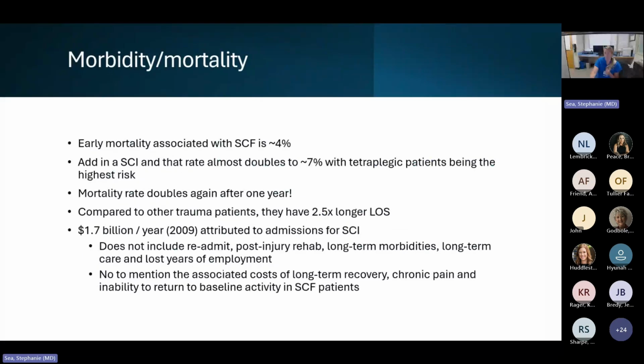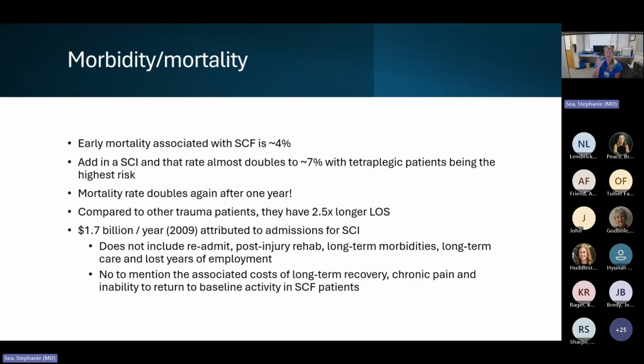So overall morbidity and mortality for these types of injuries, I kind of alluded to this earlier. Early mortality is actually 4%. When patients have these, they sometimes have really high severity scores and a high rate of mortality. If you add in a spinal cord injury on top of that, the rate almost doubles at 7%, with tetraplegic patients obviously being at very high risk.